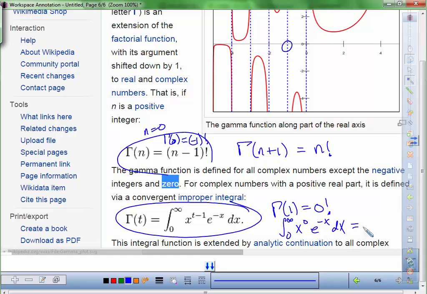If you do this, it's equal to 1. And that's what 0 factorial is. Okay, that's the gamma function.